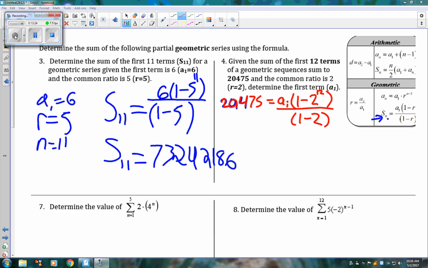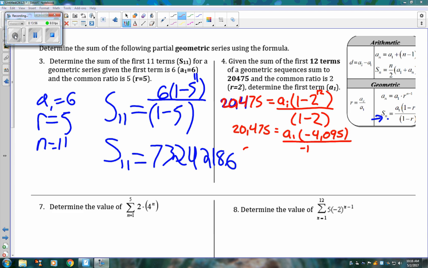We have to solve for a. 20,475 is equal to a sub 1 times, what is 1 minus 2 to the 12th power? Negative 4,095. Is that what you said? Yes. And then 1 minus 2 is negative 1. Okay, we're still solving for a.